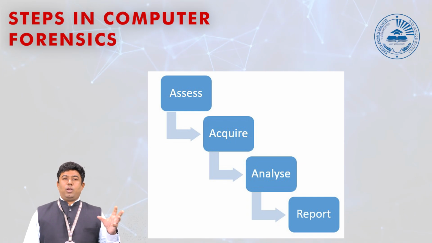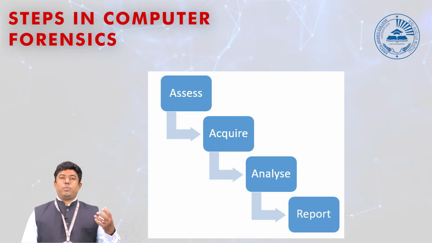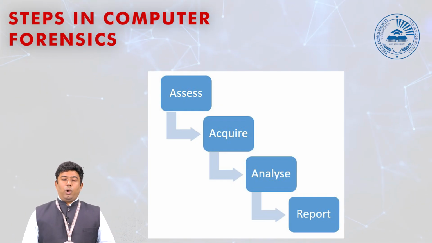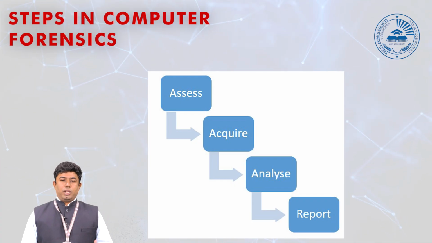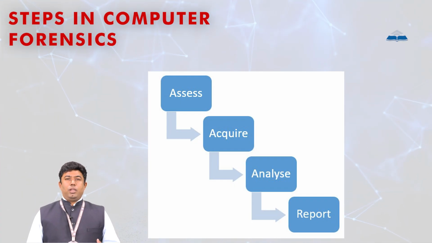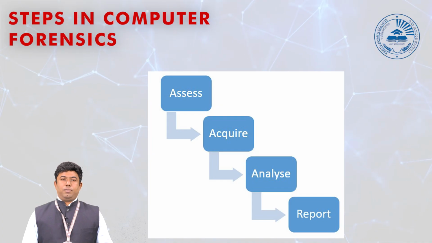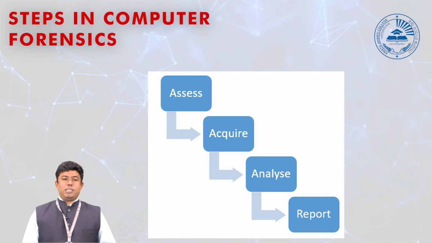So we need to assess all of these things. In certain cases we need to approach the law enforcement agencies, or we need to approach senior people in the organization to get permission to access different parts of the system, network, servers, etc.